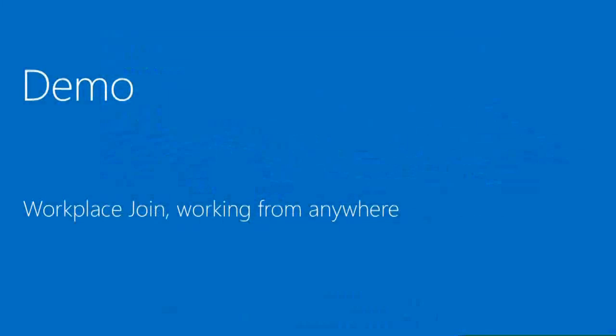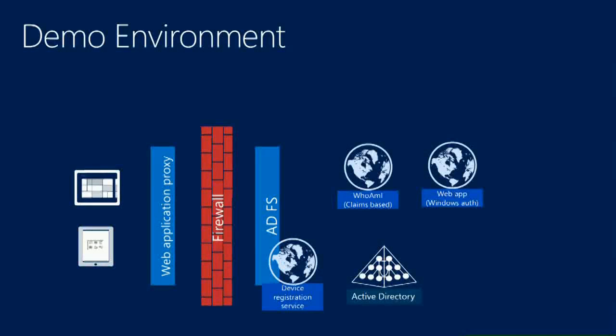All right, now I'm moving on to my demo. So for my first demo, before I shift, my demo environment is fundamentally split in this way. I have a couple of applications.